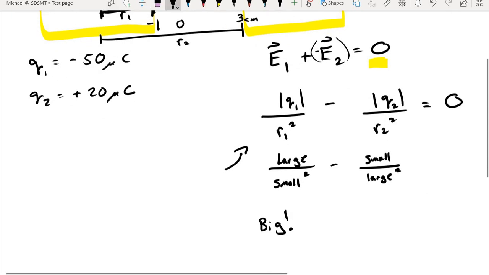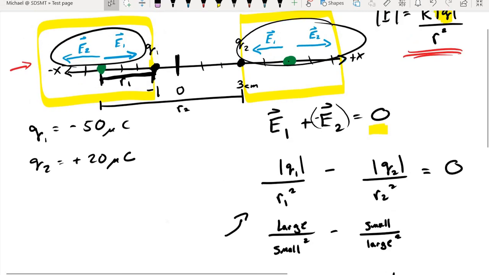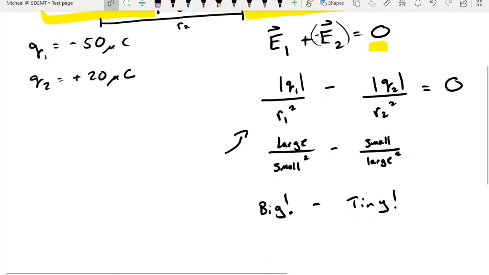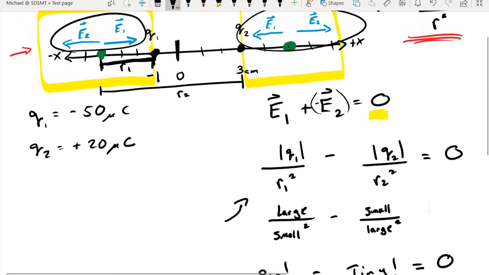And so what happens if you take a small number and you divide it by a very large number? Well, you're going to get something very, very, very small. So if we go anywhere to the left of charge 1, essentially what we're asking the math to do is to take a really big number, subtract from it a really tiny number, and get 0. And is that going to happen? Does that make any sense? And the answer is no.